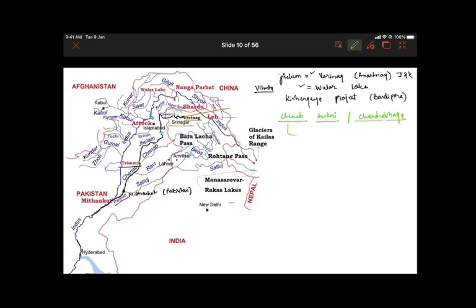So Chandra river and Bhaga river meet at a point in Himachal Pradesh, which is called Tandi in Himachal Pradesh, to form river Chenab. Chandra originates from Chandratal and Bhaga originates from Suryatal.